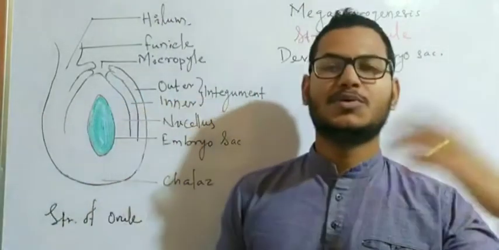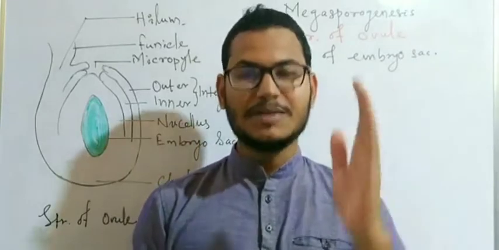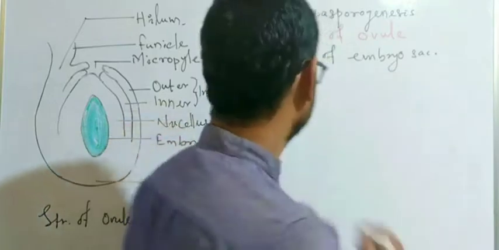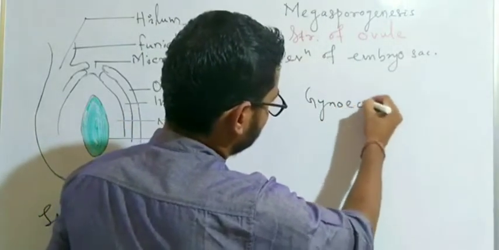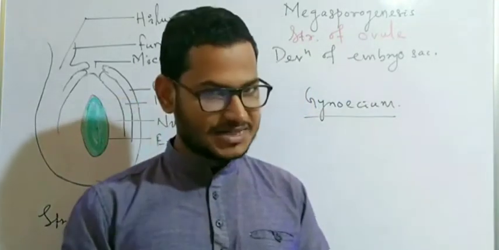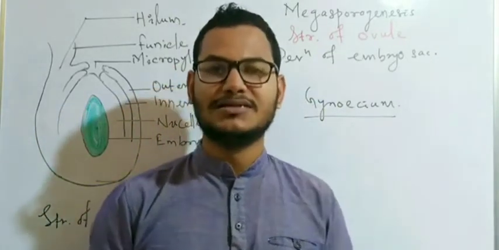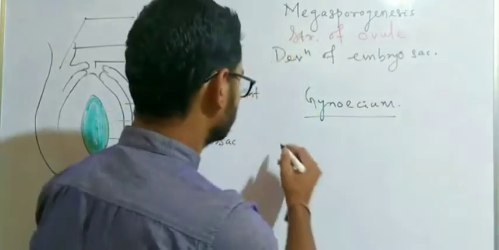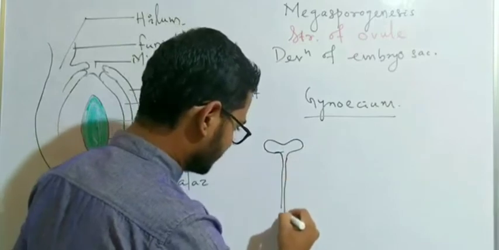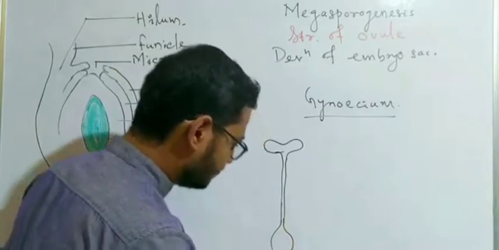Before going into detail, we should know that the female reproductive part of an angiospermic plant is called the gynoecium. The gynoecium is made up of many pistils, and the pistil has three important structures: the stigma, the slender stalk, the style, and under the base, the bulged ovary.